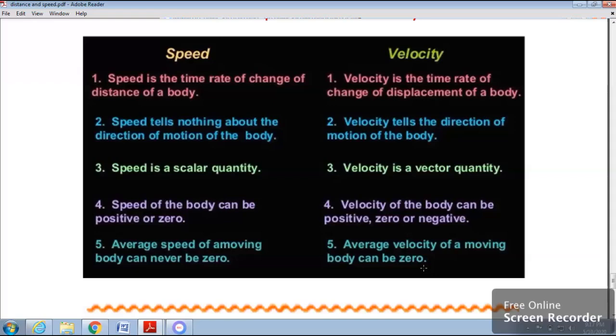So displacement can be zero, as in the example of circular motion. If our initial point and end point are the same, then we can say that displacement is zero, hence average velocity is zero. So learn this difference.